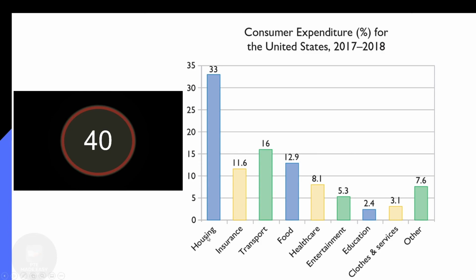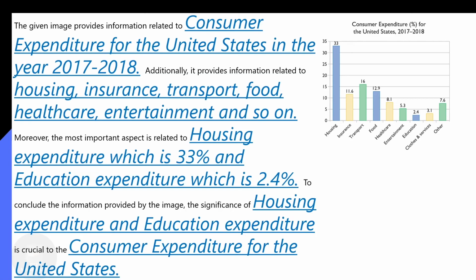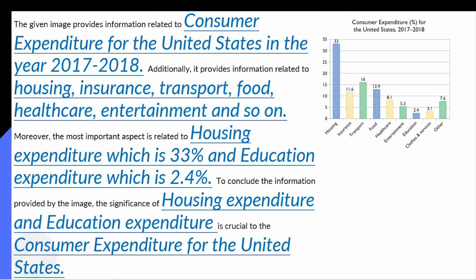Right, time's up. Hopefully, you've gotten your answer recorded. I will show you my answer. This is my answer. Let's take a look at my recording. The given image provides information related to consumer expenditure for the United States in the year 2017 and 18. Additionally, it provides information related to housing, insurance, transport, food, healthcare, entertainment, and so on.